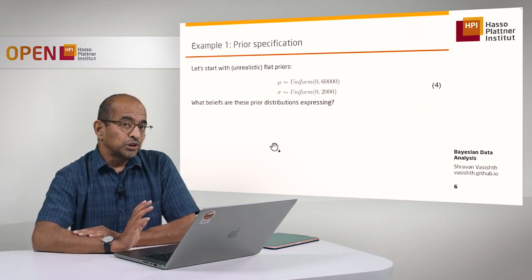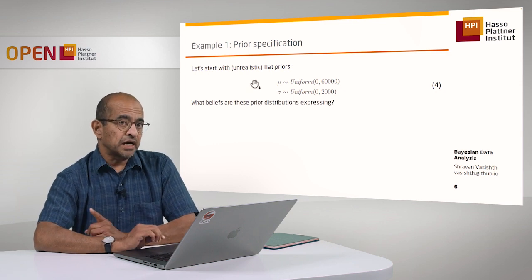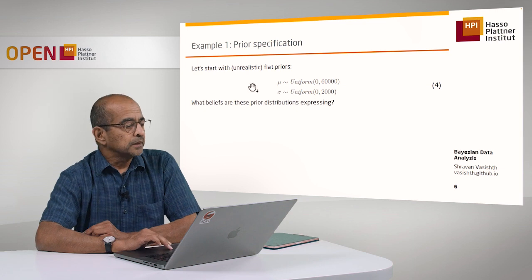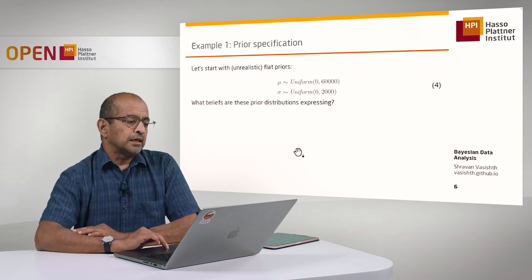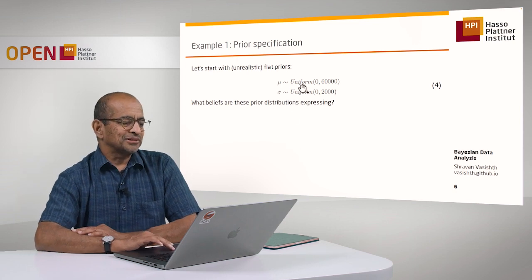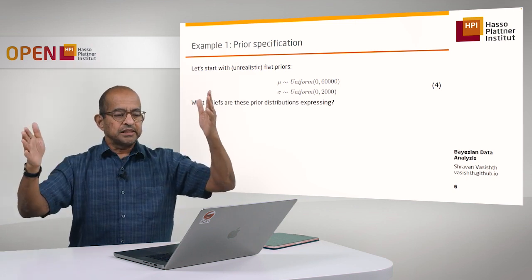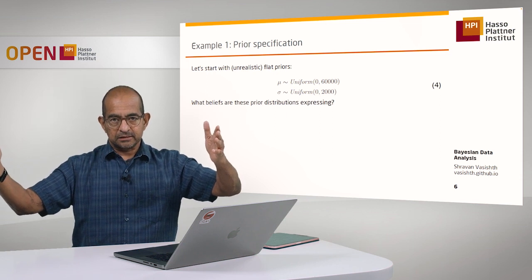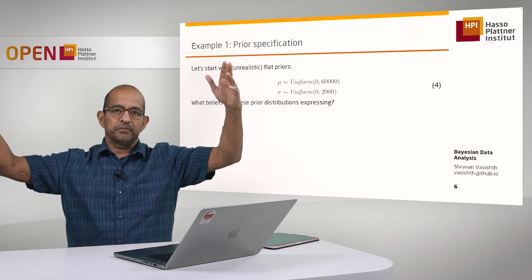So what does this model look like now in the Bayesian framework? You're going to have to define a prior for each parameter. For mu, I've decided to take a very interesting prior. This prior is a uniform prior. That means it assumes that every value between 0 milliseconds and 60,000 milliseconds, so 60 seconds, is equally probable.